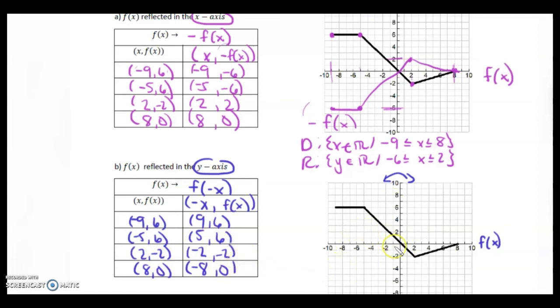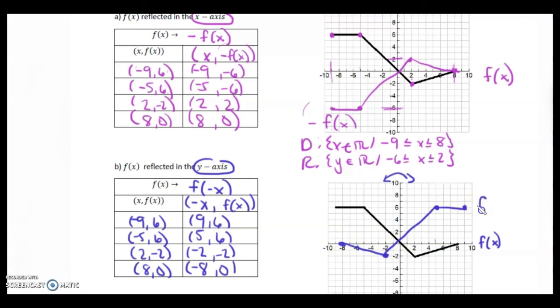When we graph this, we graph -9, 9, 6, 5, 6. I always connect them right away because sometimes when you have a bunch of points, you connect them in the wrong order. Then -2, -2, and -8, 0.